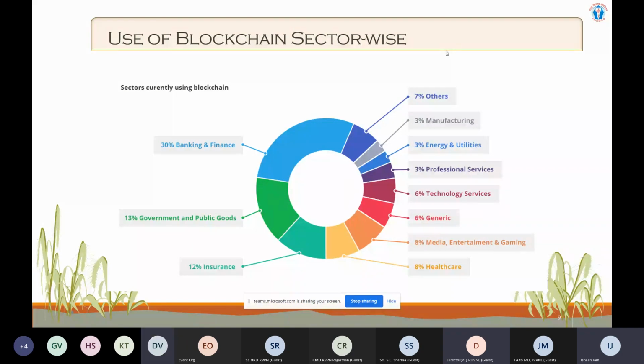And here we are going to discuss the 3% energy and utility part where we are using this blockchain technology. So you can see that in the coming time, this particular energy sector will definitely come within the 10 to 15% arena. For that, we need to be more aware of these technologies, and one should not get confused between Bitcoin or cryptocurrency and blockchain.